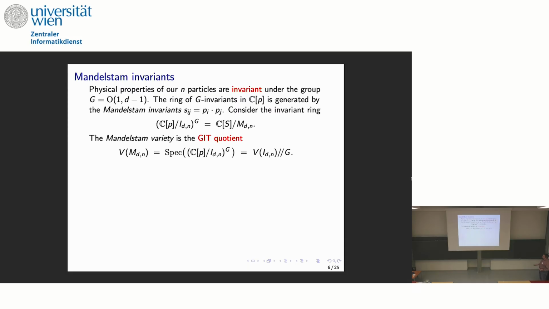So in algebra language, the Mandelstam variety as an affine variety is the spectrum of the invariant ring, or we take the previous happy complete intersection variety, and we take the quotient modulo the orthogonal group. This is the GIT quotient, the geometric invariant theory quotient.